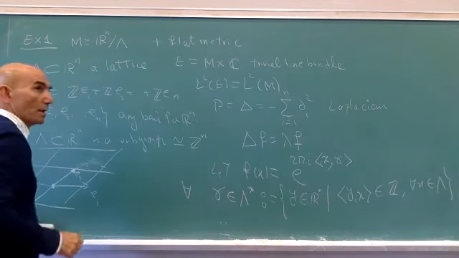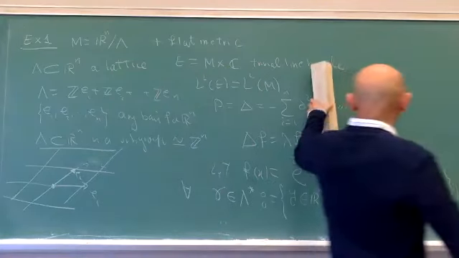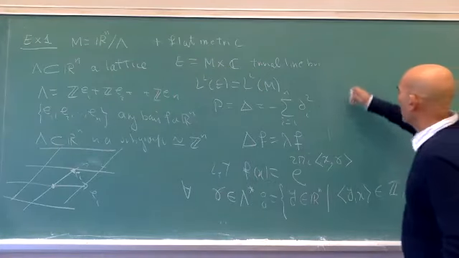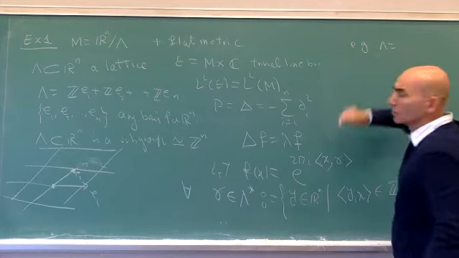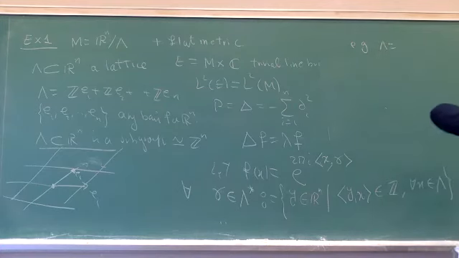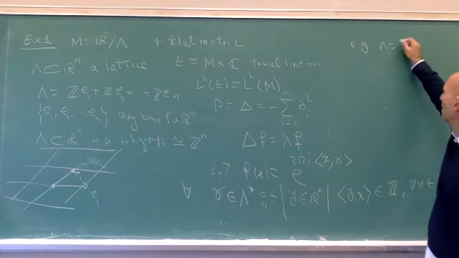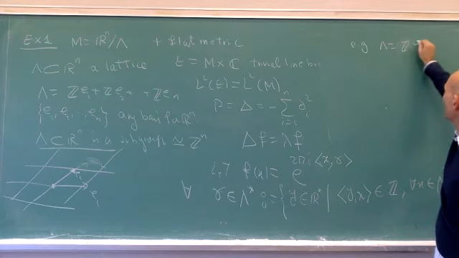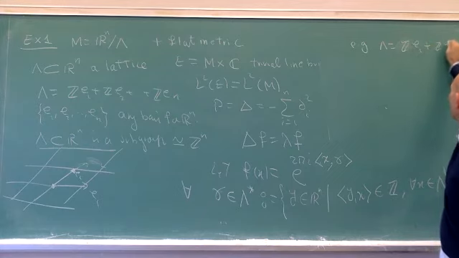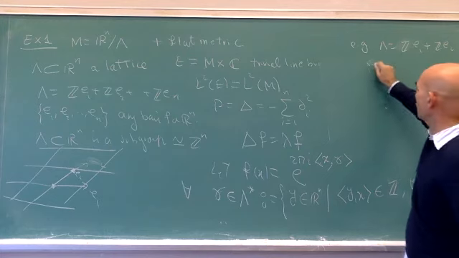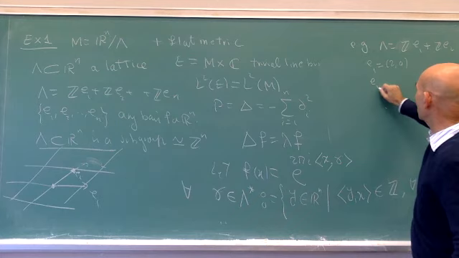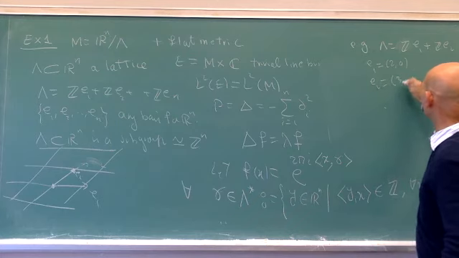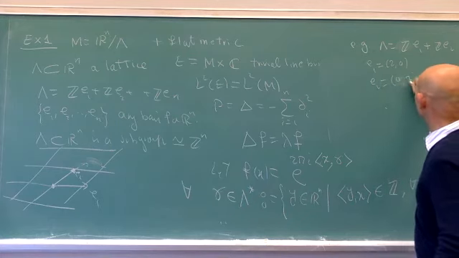This could be a bit confusing at first, but imagine, for example, you have lambda equal to Z times e1 plus Z times e2 in R2, where e1 is the vector (2, 0) and e2 is the vector (0, 3), just to make life easy.